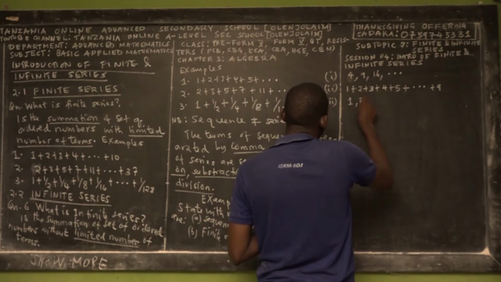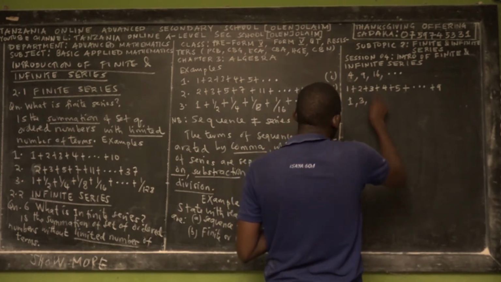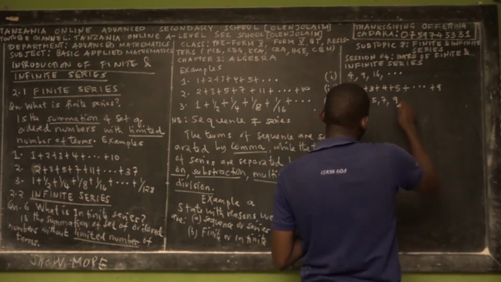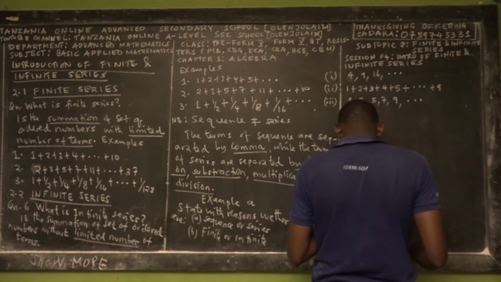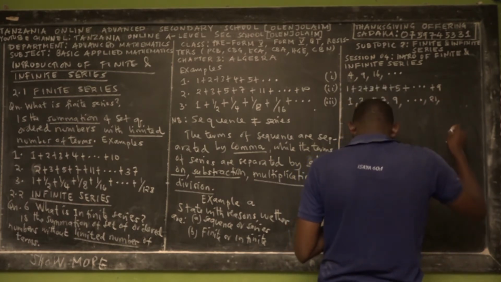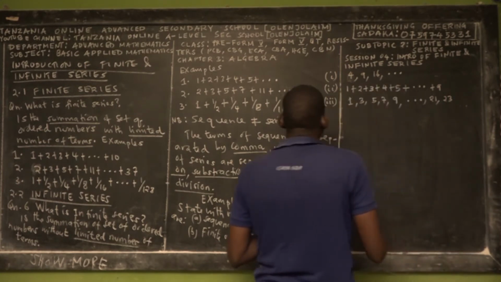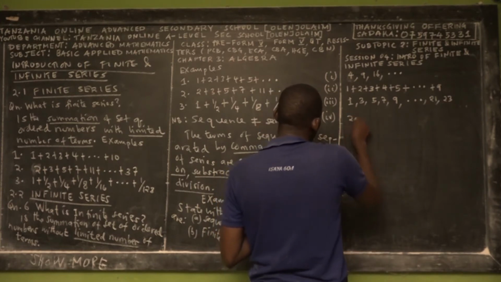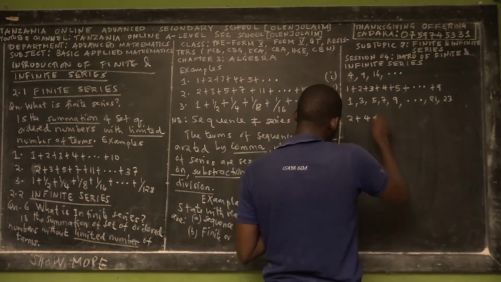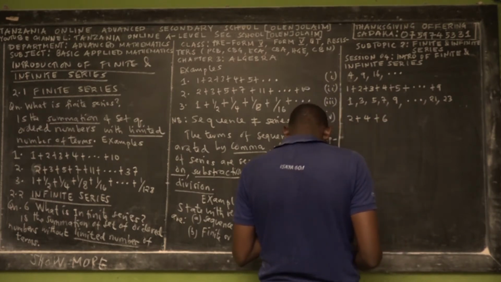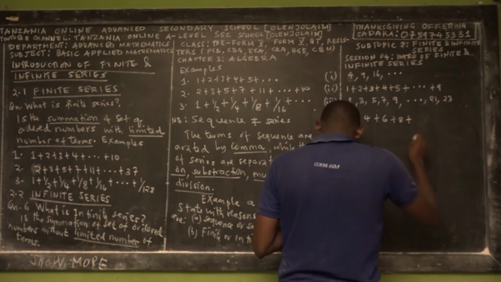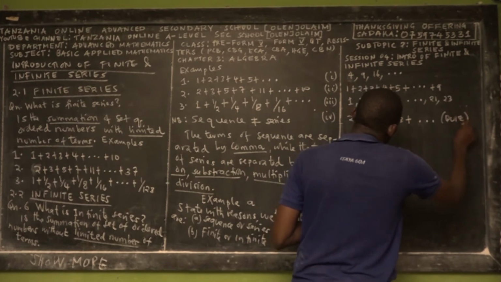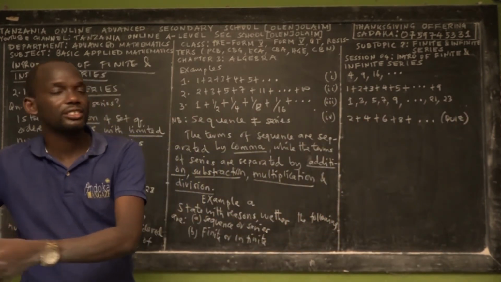Roman 3: 1, 3, 5, 7, 9, 21, 23. Roman 4: 2 plus 4 plus 6 plus 8 plus and so on.